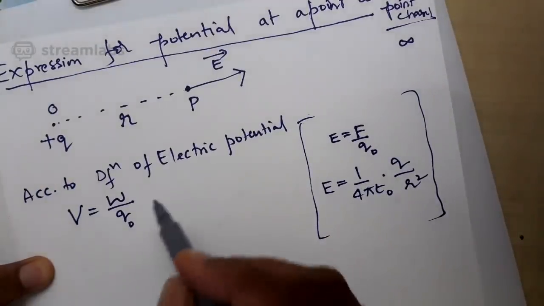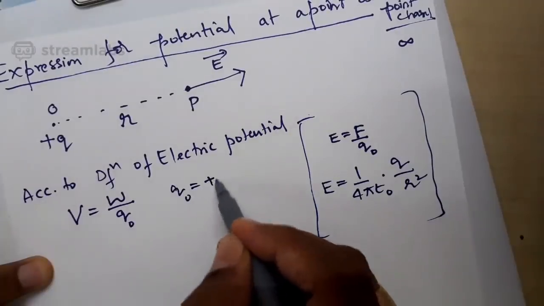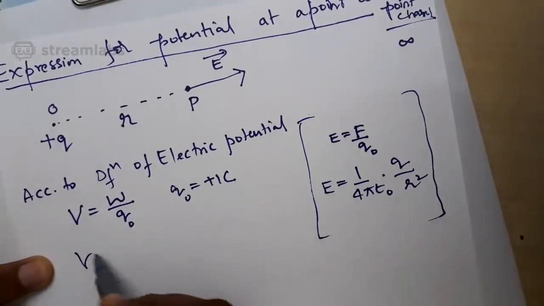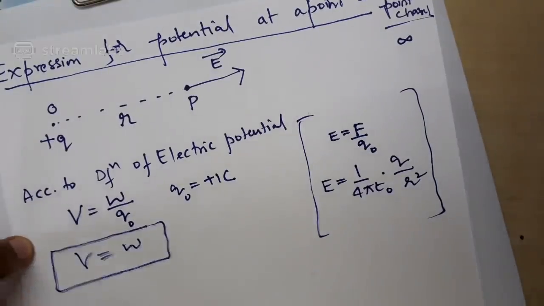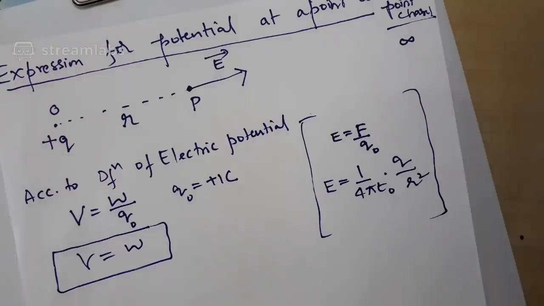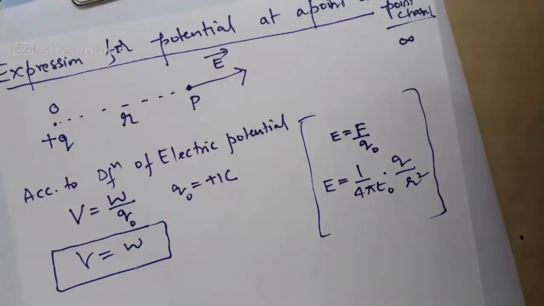In the formula, Q naught is equal to plus 1 coulomb. When Q naught is equal to plus 1 coulomb, V is numerically equal to W, not in terms of unit, because Q naught was 1 coulomb.